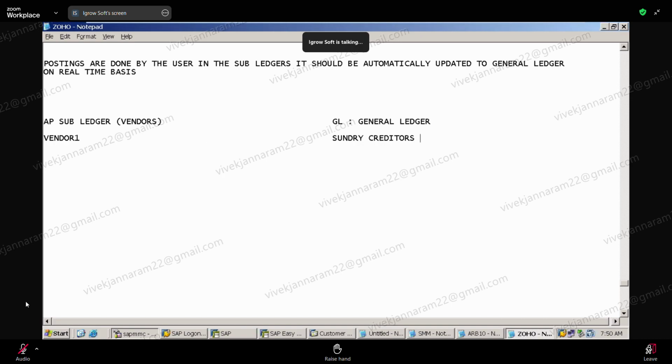Sundry means some. Sundry creditors GL account I will create. What is the T code? FS00. So we will create this GL account in FS00. That is general ledger. Good. Then what I do, I will connect like this.